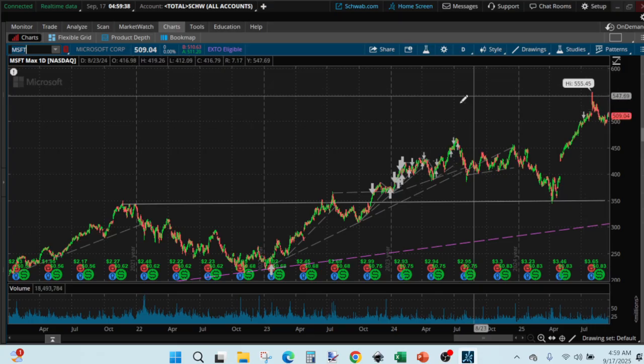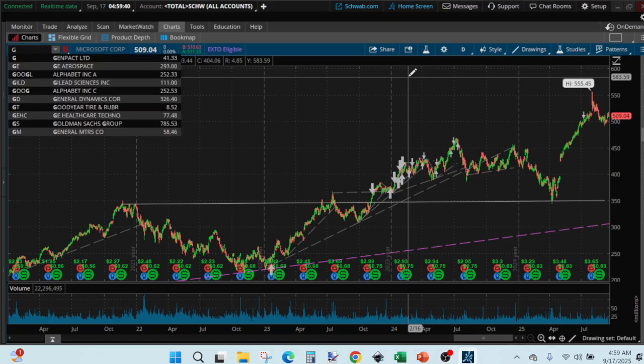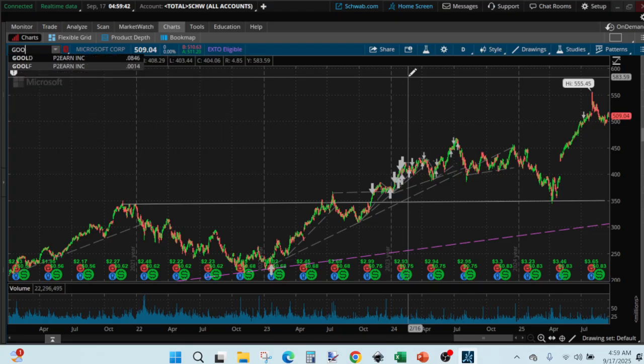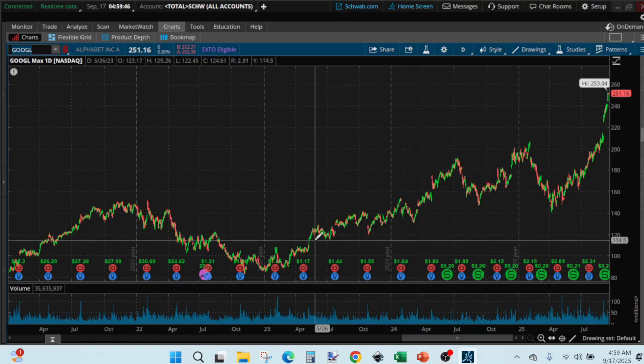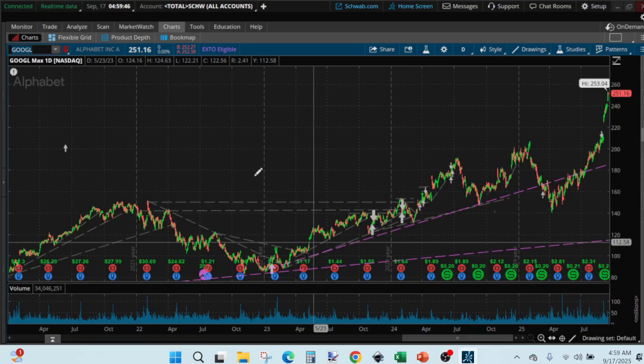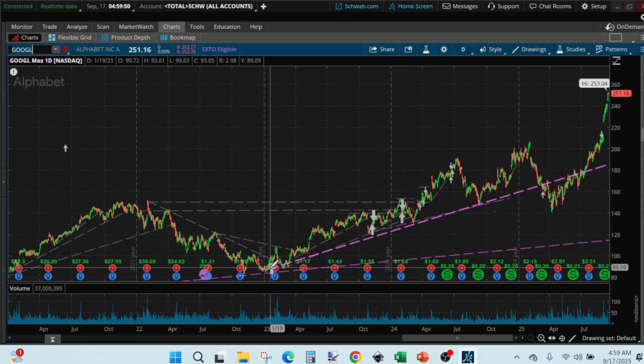For instance, in 2023, I purchased Google around January, pretty much around that trend line, when I was using a different strategy, the 52 weeks low and 52 weeks high, like buy at the 52 weeks low and sell it at the 52 weeks high.